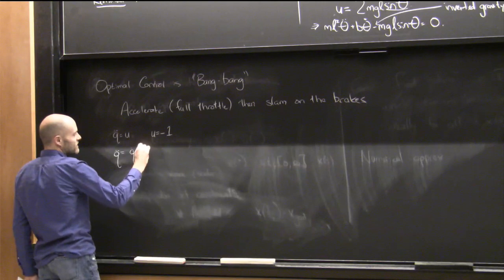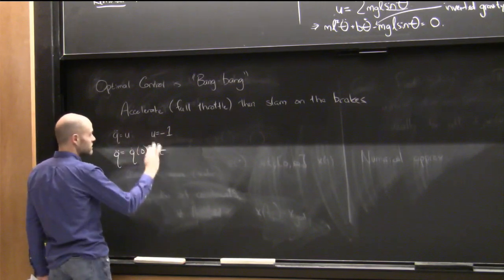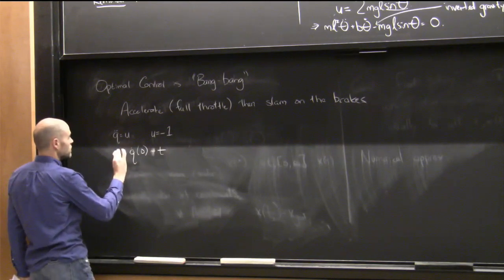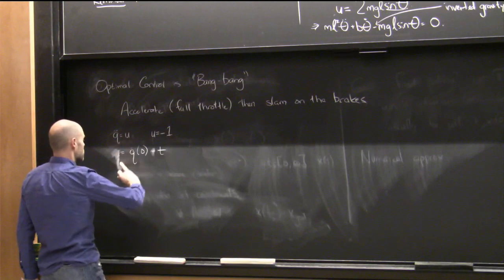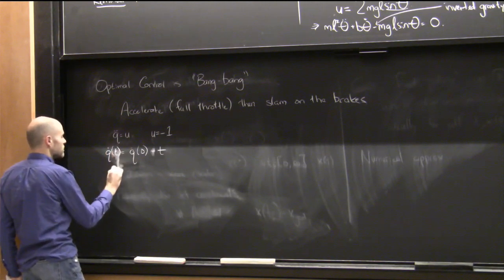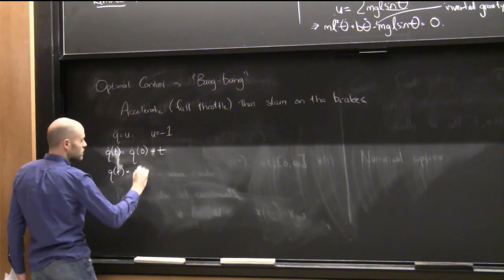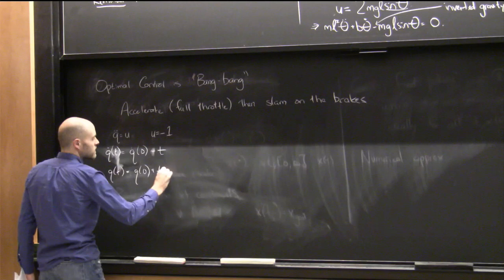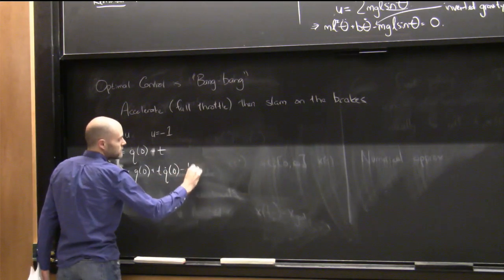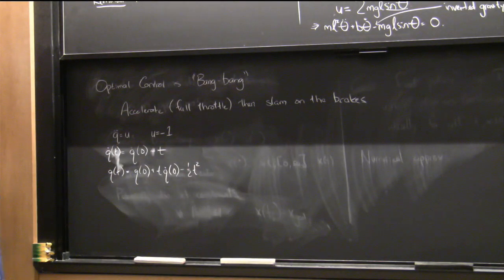So it's q dot of 0 plus t, I guess minus t if it's -1 here. And then, let me write this more carefully here. q dot of t, and q of t is q of 0 plus t q dot 0 minus 1/2 t squared. Right?